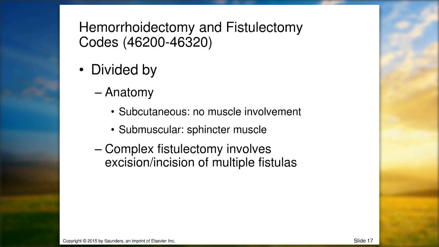Basically, what's a hemorrhoid? It's inflammation of the area around the anus, and they can occur inside or outside. There are different degrees of severity, and the physician should determine the degree of the severity.